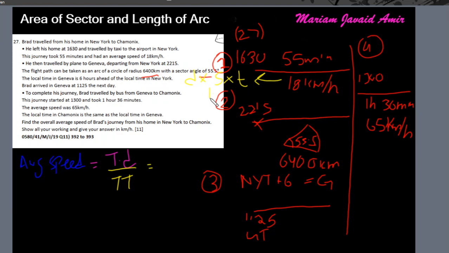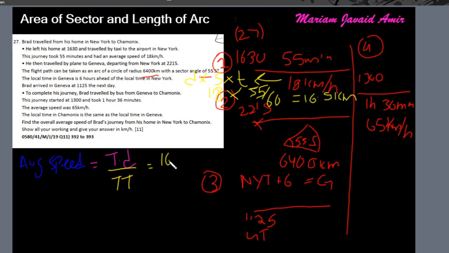Speed is 18 kilometers per hour and the time is 55 over 60 hours. So this becomes 18 times 55 over 60, which gives 16.5. So the first distance is 16.5 kilometers.